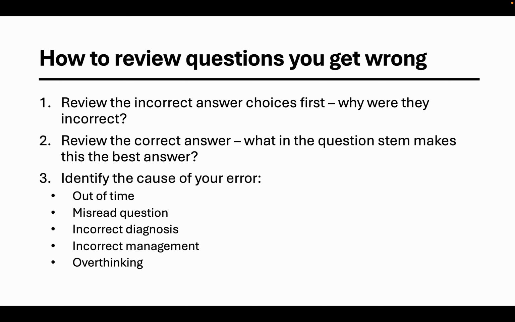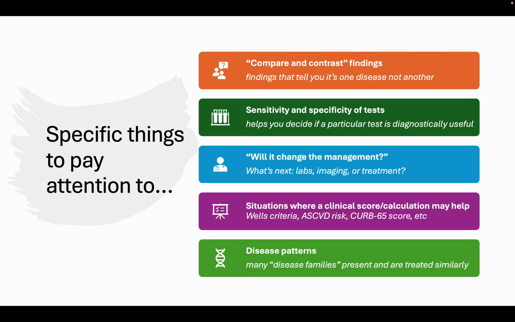If you had a knowledge gap, you need to go back and review that content. But if you just misread the question because you were going too fast, you don't need to review the content. You just need to read slower and make sure that you really go back and look for certain things in the physical exam and the HPI. So I like tracking these mistakes over time, because that really helps you to pinpoint what is actually going on.